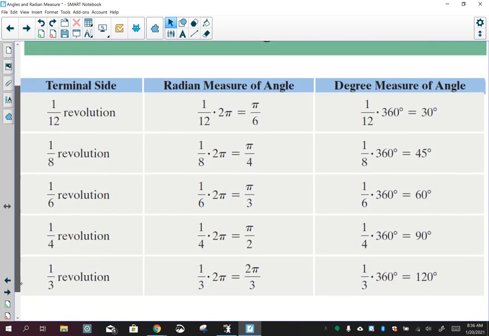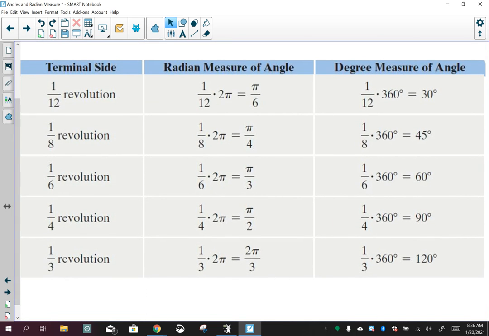So again, in terms of revolution, this is just another way of looking at it. If I talk about 1/12 of a revolution, I'm talking about 30 degrees. Why is that? Because 30 times 12 gives you 360 degrees. So a 12th of a revolution is 30 degrees.